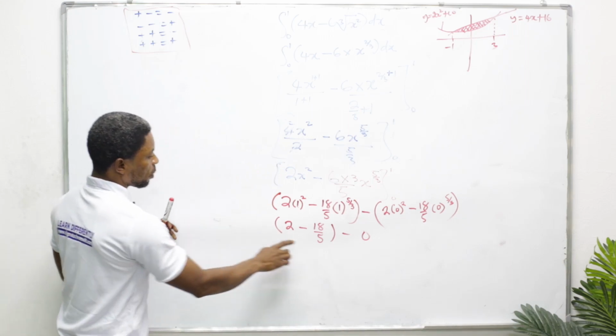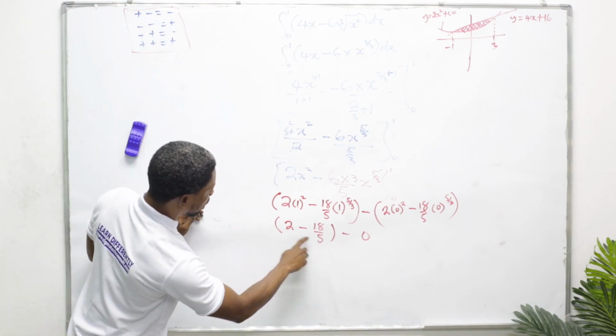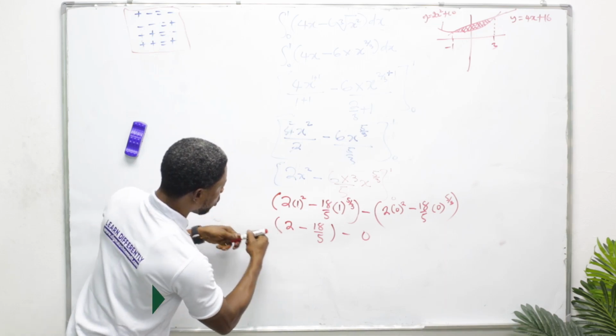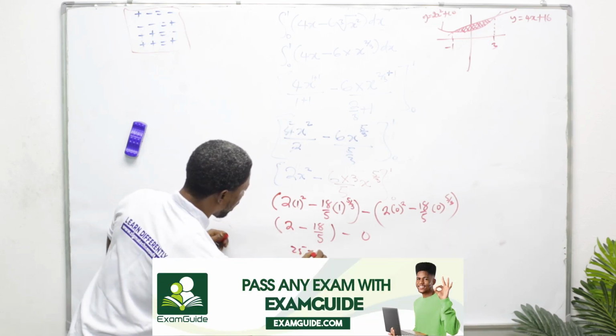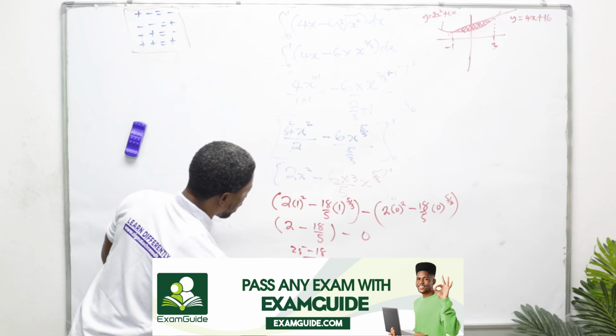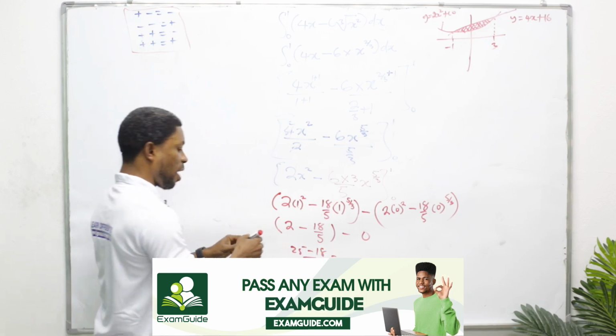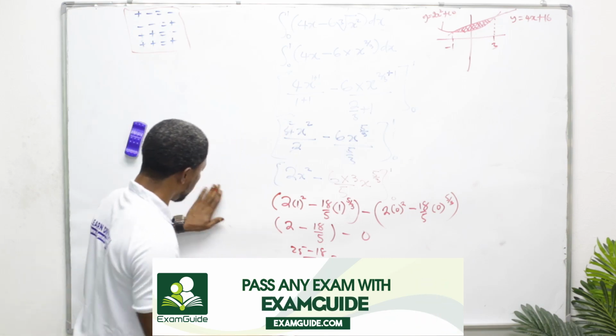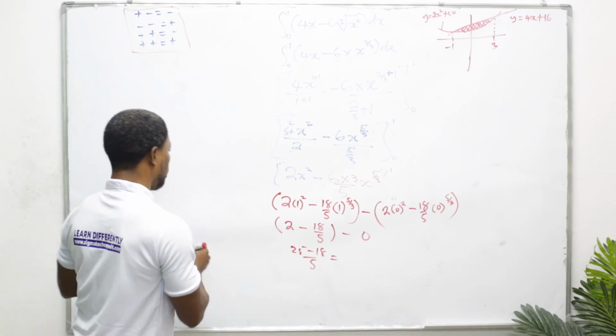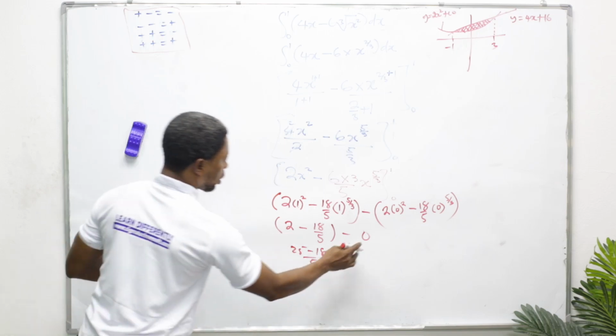So now let's multiply. This times this will give you 25 minus 18 divided by 5.